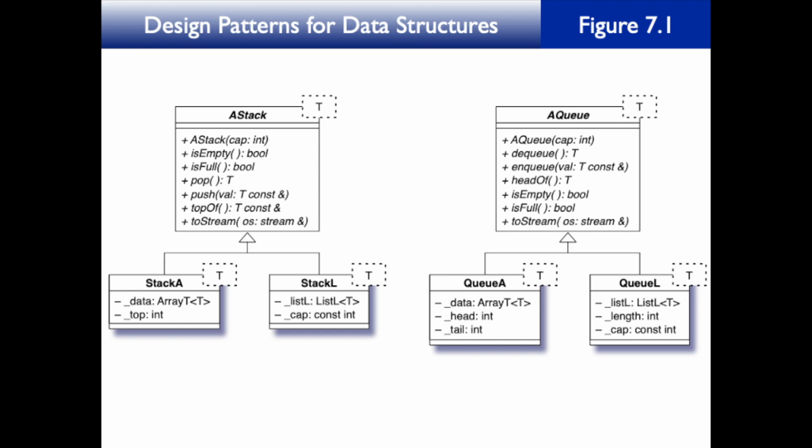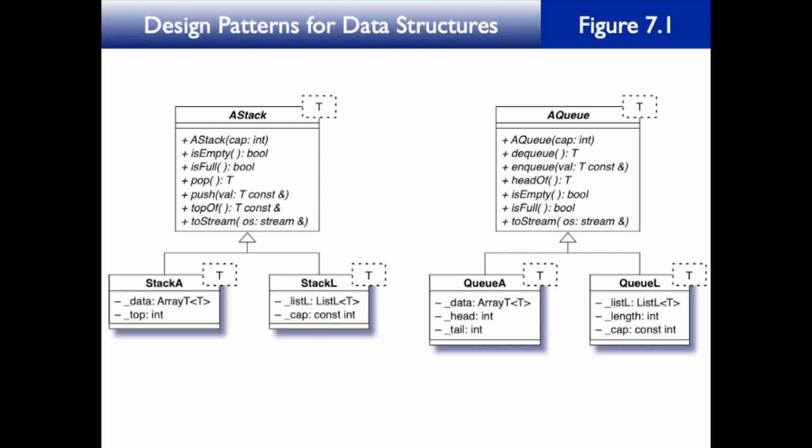So now the concrete classes StackA and StackL both implement the exact same specification for an abstract stack. Namely, there is a constructor, AStack, and then there are the methods isEmpty, isFull, pop, push, topOf, and toStream.